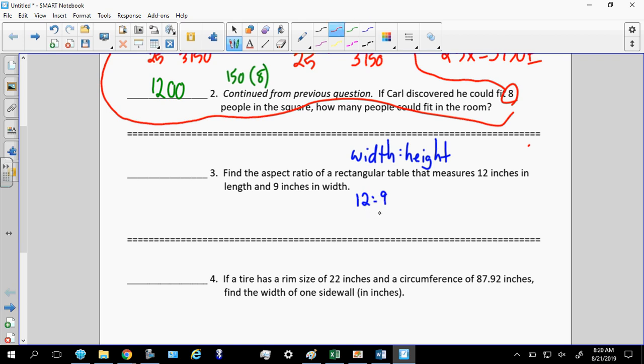So 12 over 9, I'm sorry, you're probably screaming at the screen right now. The width is 9 and the height is 12. Okay, or the length. All right, so you're going to take that and you're going to reduce it to its lowest form, which would be 3:4.